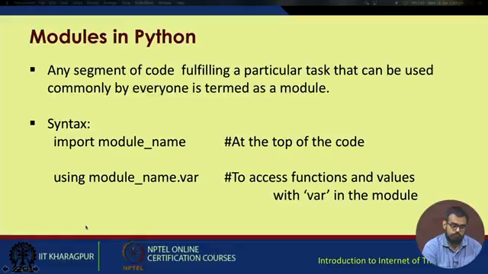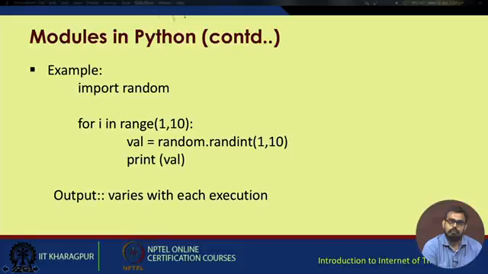So you have various modules in Python. You import the module name. Now you can also call for the extensions. For example, you import random. Now random has many such functions as random integer 1 to 10 and so on.